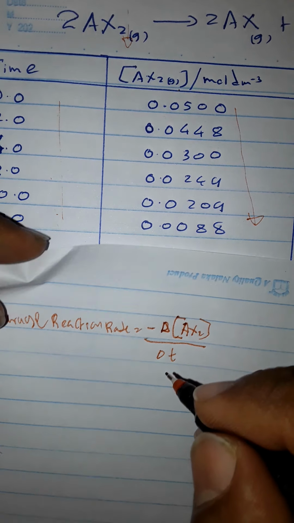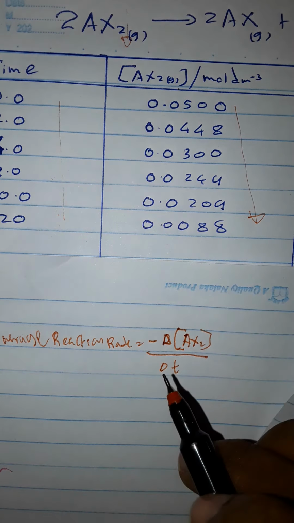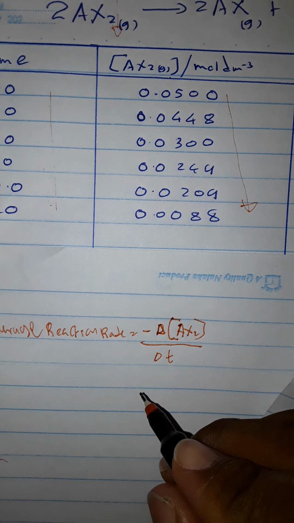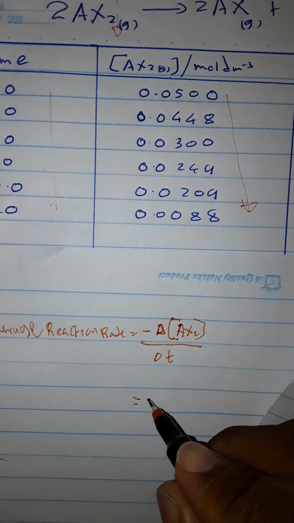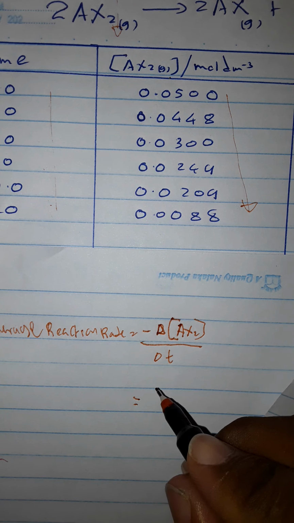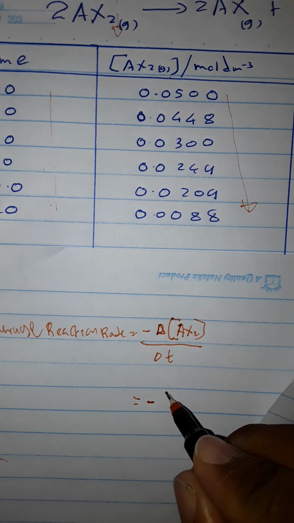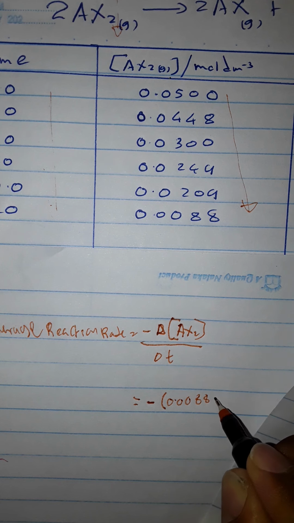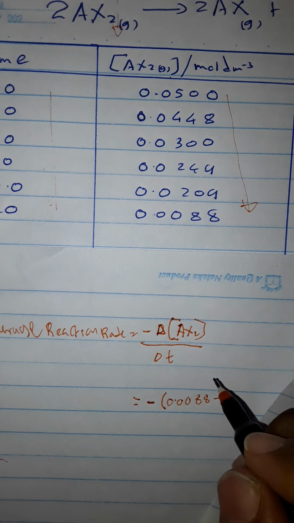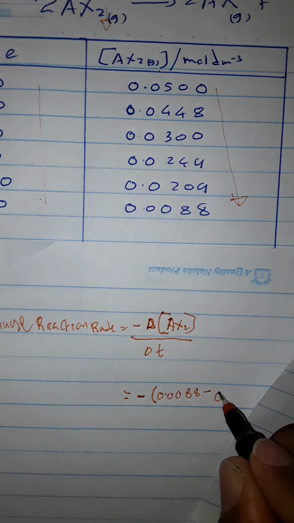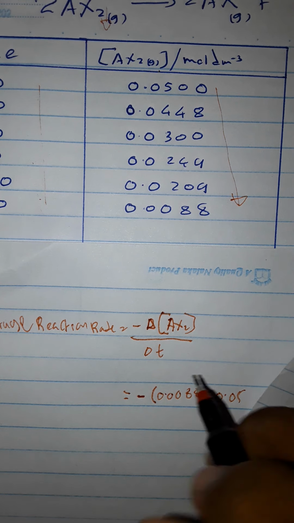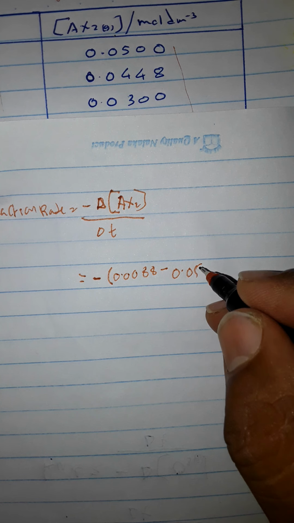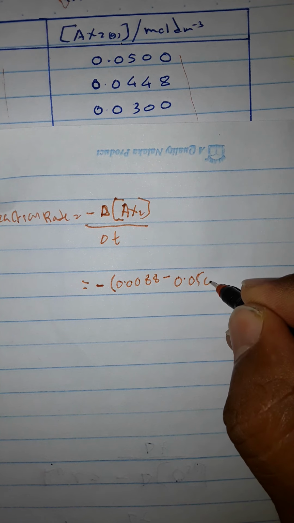So how to find the change of concentration of AX2? The change of concentration means final value minus initial value. So what is the final value here? The final value is 0.0088, minus what the initial value is, 0.0500, right.